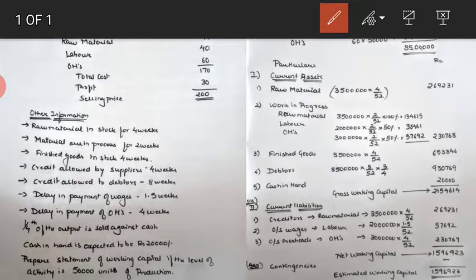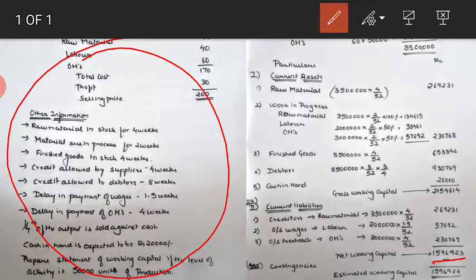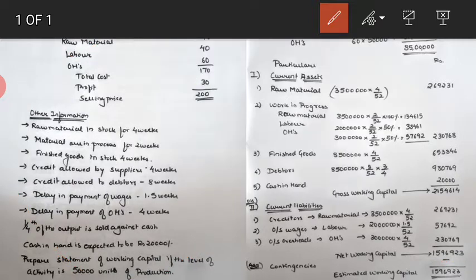Now, if you remember in the previous problem, after calculating the net working capital, we used to have something called contingencies. So 10% contingencies, 15% contingencies and so on. But in this problem, if you see the entire question, they have not mentioned anything about contingencies. So we cannot consider it. So add contingencies is nil.